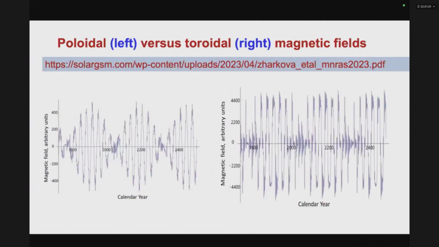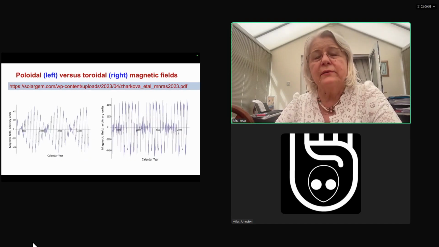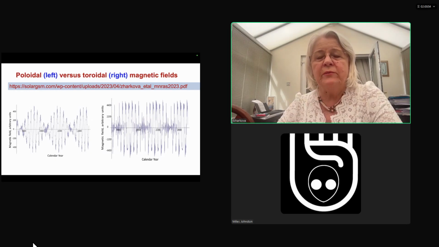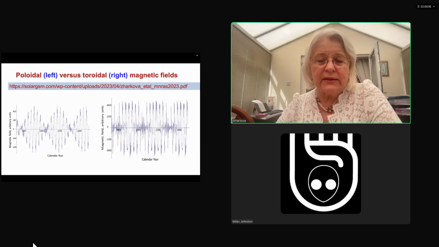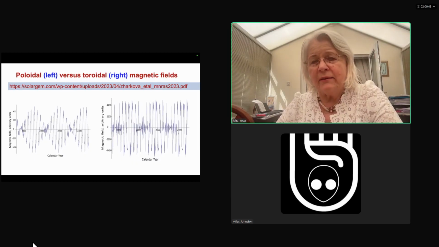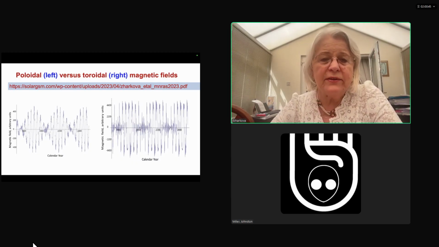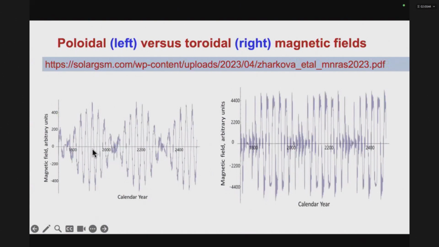So why are they different? Remember that the black curve showing the modulus summary curve of our new index does not exactly coincide with the sunspot number. It can be due to the nature of the magnetic field they represent. On the left-hand side, I present the poloidal magnetic field of the background Sun.